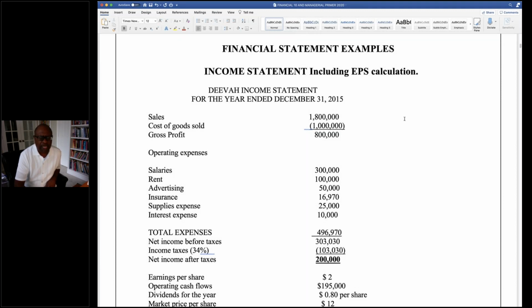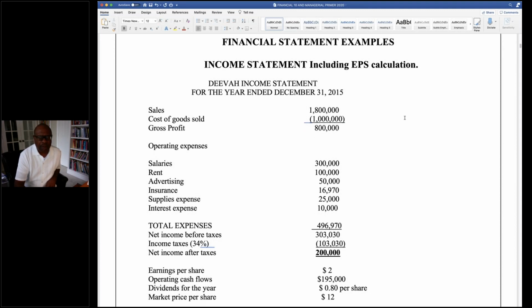The income statement lists the income for a particular year. So this is December 31st, 2015. This is the income that the company has. So after all of its transactions and everything, this is the income, and it has to pay taxes year by year. And so we do the income statement every year, then we file tax returns, pay our taxes.